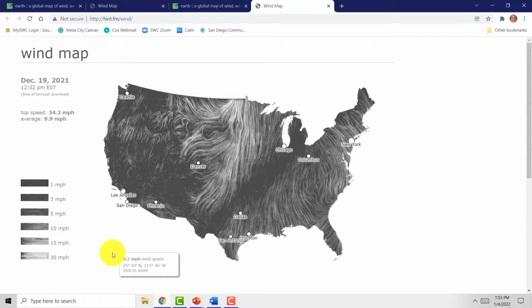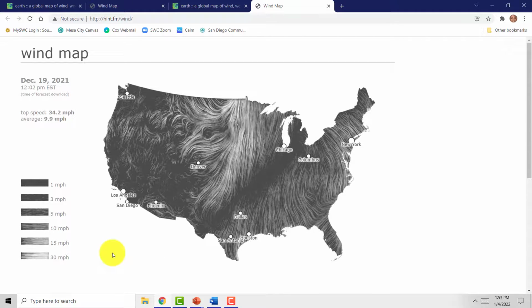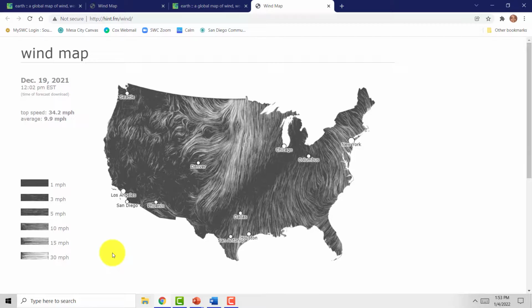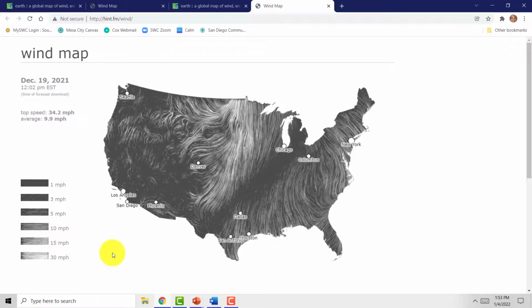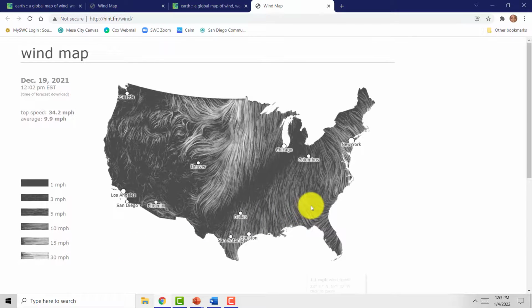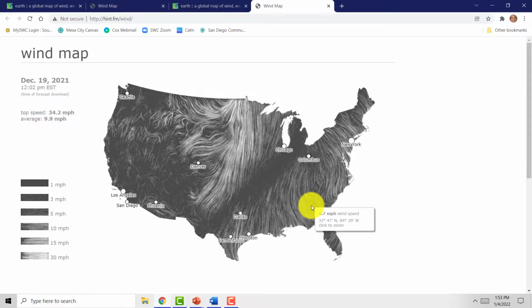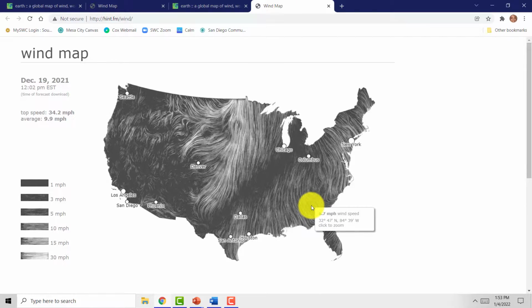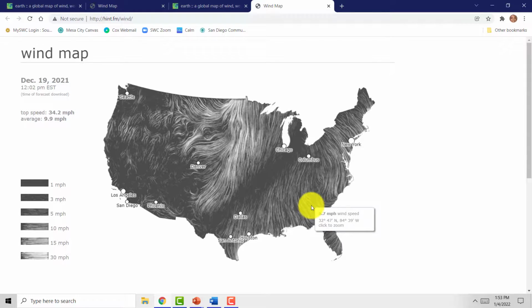Hopefully you can see that there are strong winds that are coming off of the Rocky Mountains. This entire area here, we have a lot of winds that are moving from the south to the north. We have winds that are coming down across the eastern coast, and you might have noticed if I pause my mouse over a particular area of the map, it will show wind speed, and it also shows the latitude and longitude.